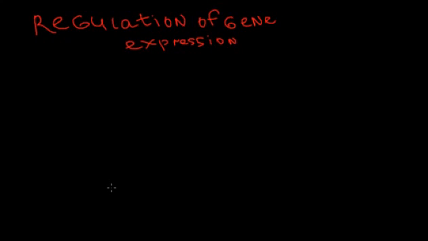In today's video, I want to talk about regulation of gene expression. We all know that our organisms consist of many different cells and they're very different from each other. So what makes them so different?